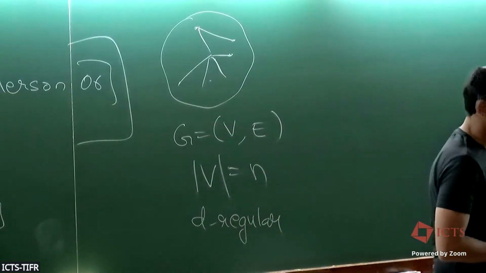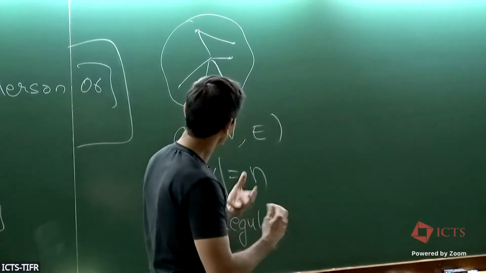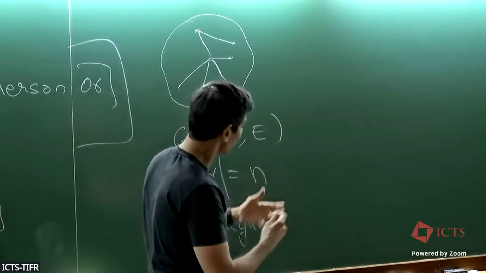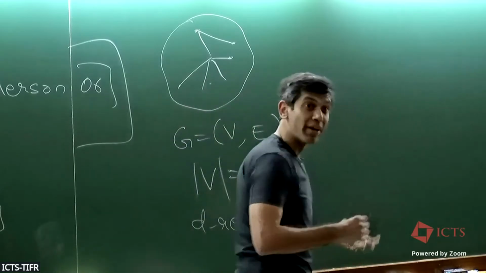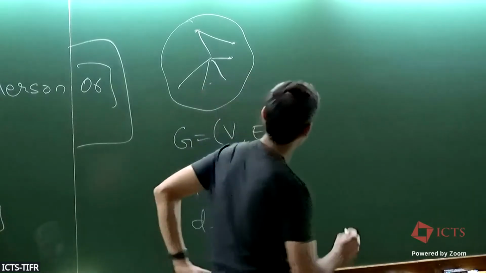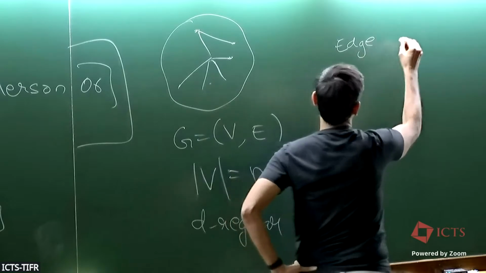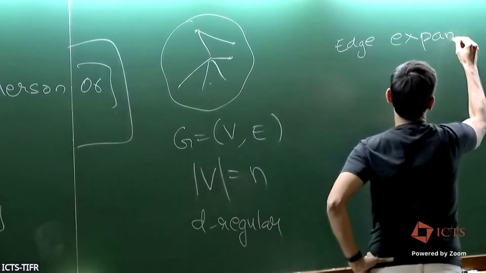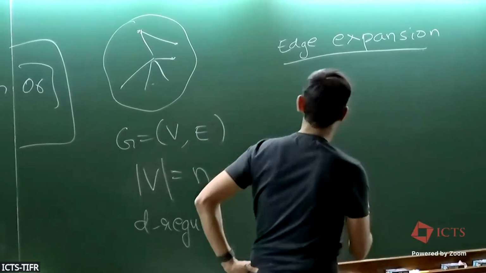There are a few different notions of what it means for a graph to be expanding, and they try to capture how well connected a graph is. One notion is called edge expansion. So let's first define it for a set.